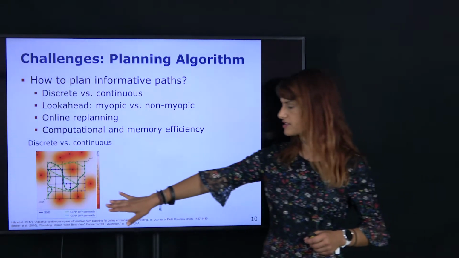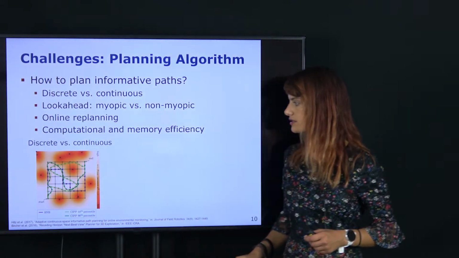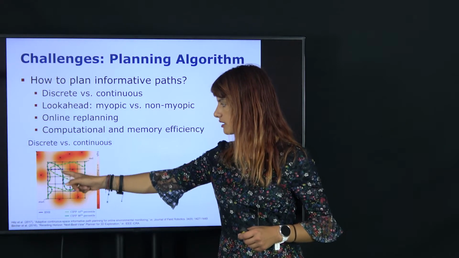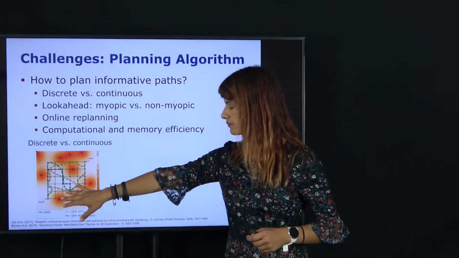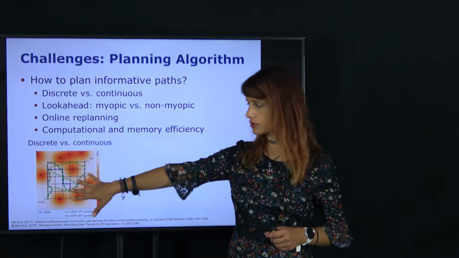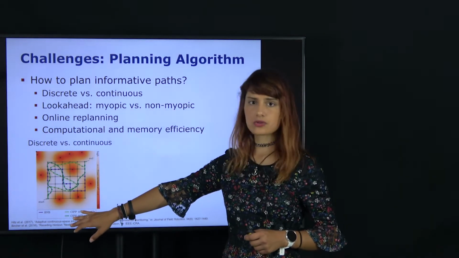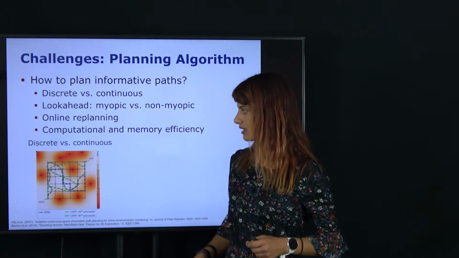A simple one here is the distinction between discrete and continuous paths. In purple here we can see a grid-based path that was generated by only considering a set of points in the environment regularly spaced along the grid. Whereas in green we see different paths that were generated by the robot through continuous informative path planning.